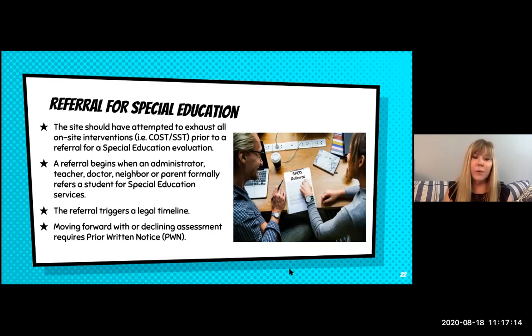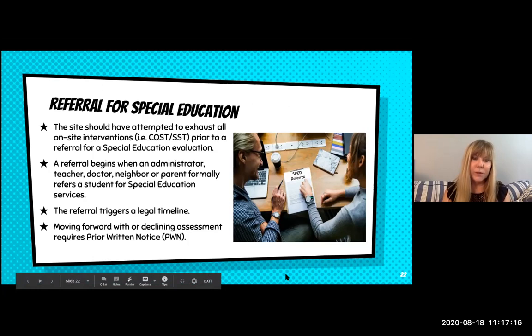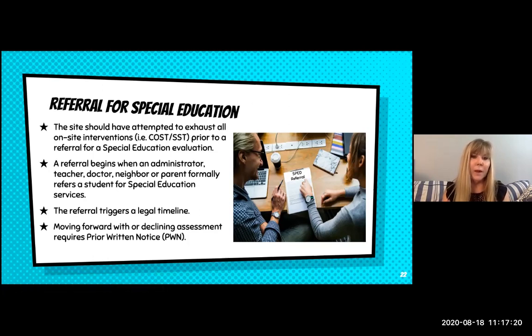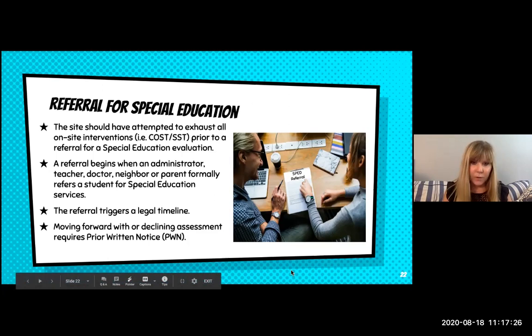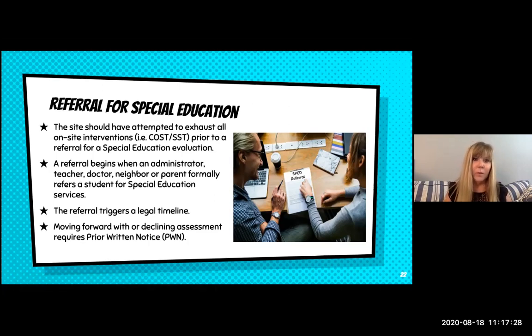At times when referrals come from the parent, because there may be some identified deficits, we may not have exhausted all those areas and move forward with an assessment. I've already noted that the referral can begin when an administrator, teacher, doctor, neighbor, or the parent formally refers the student or requests in special education. That triggers the timeline that we just discussed.